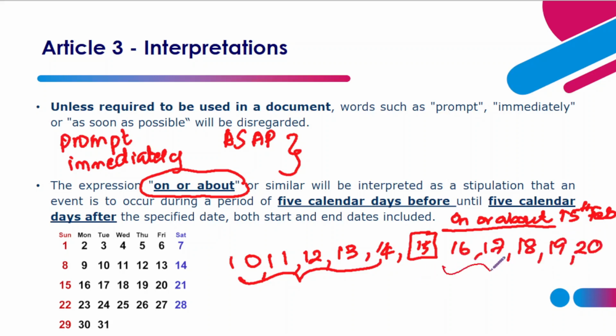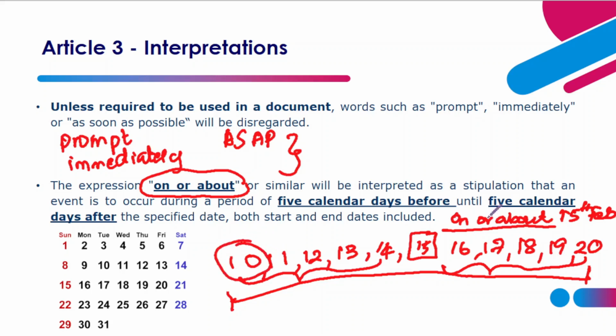So this entire period is being considered when they say the phrase on or about 15th February, 5 days before and 5 days after, and this entire date range includes the beginning date as well as the end date.